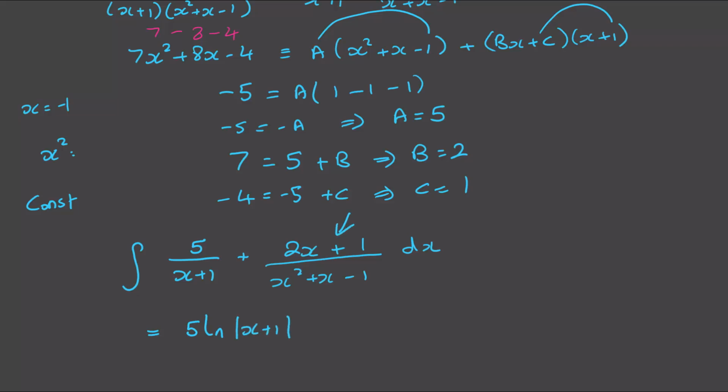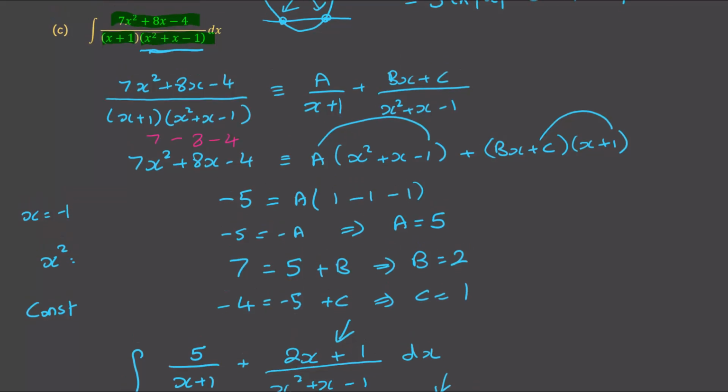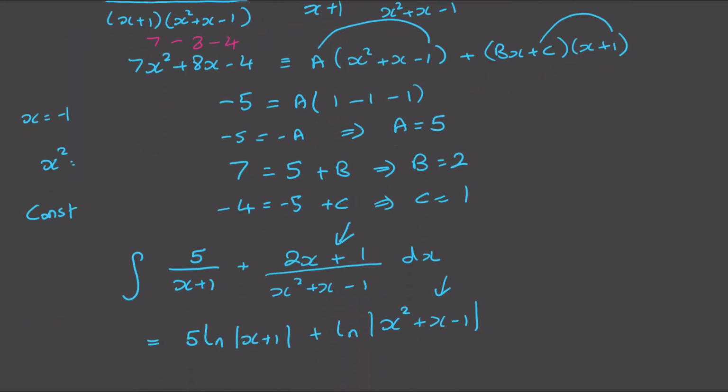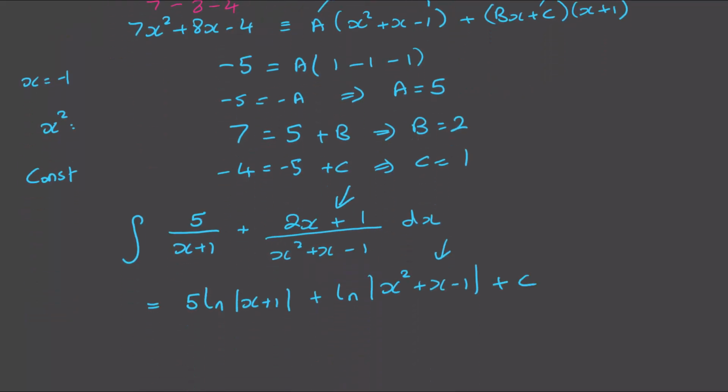And here the top is exactly the differential of the bottom, and so we can say that that is the log of x squared plus x take away 1. This time that modulus is actually needed because we know from our earlier discussion that x squared plus x take away 1 can be negative, and plus a constant.